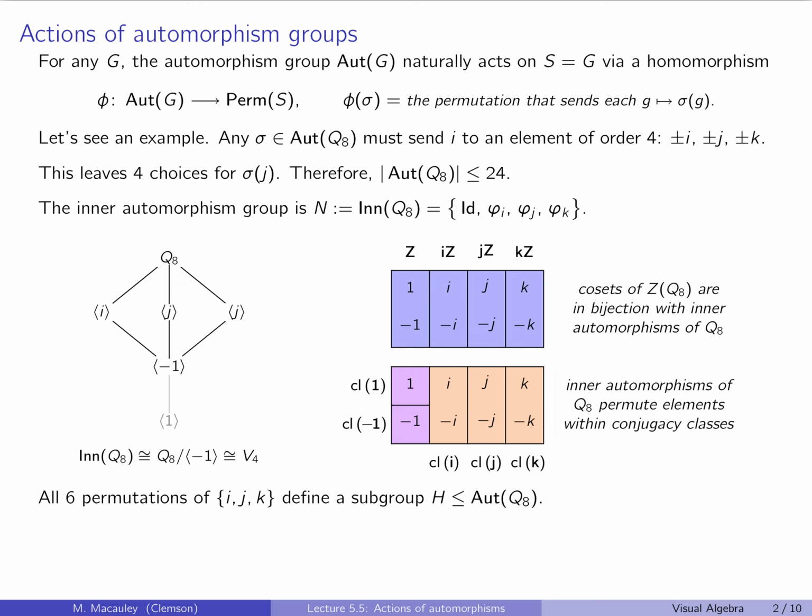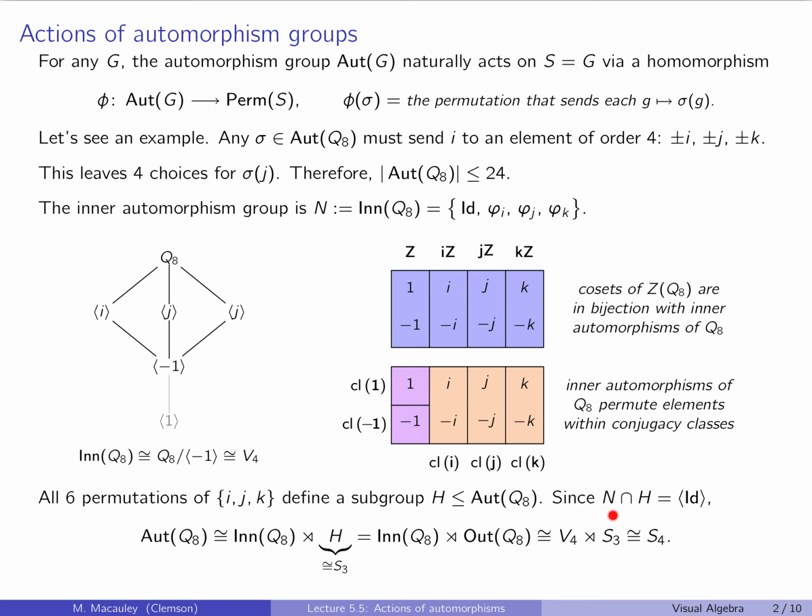Now, the inner automorphism group is always normal, something we proved in chapter 4. I might have left it as an exercise, I don't remember. And the intersection of this subgroup with these permutations is trivial. So N intersect H is only the identity permutation, because, again, these are all permutations of i, j, and k, and all of these inner automorphisms act trivially on these conjugacy classes.